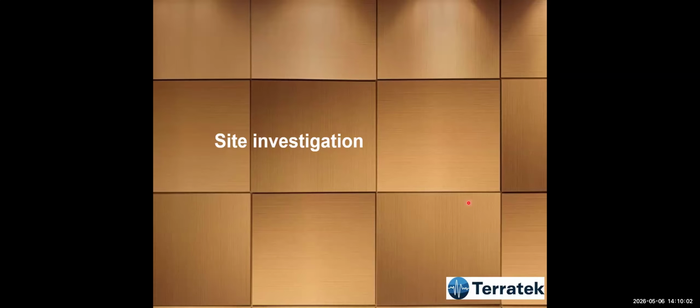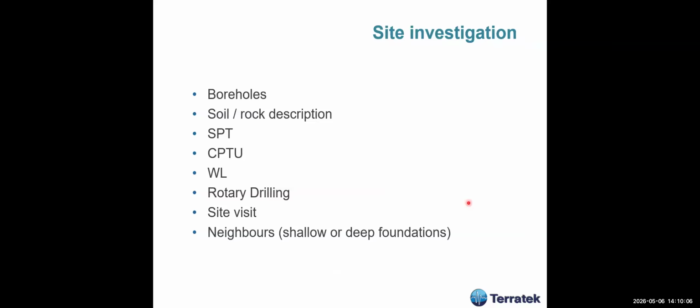What shall we do usually for buildings? These are the types of site investigation that we usually do for buildings. Boreholes are very important. Soil and rock description with SPTs, which is the standard penetration test. CPT, which is the cone penetration test. We have to check the water level by means of piezometers.